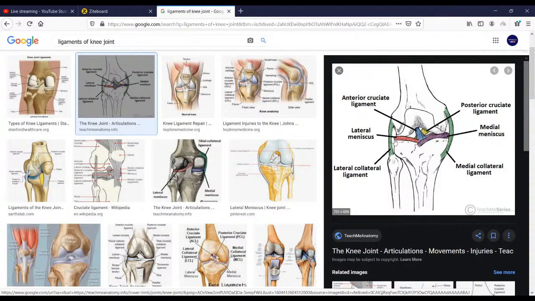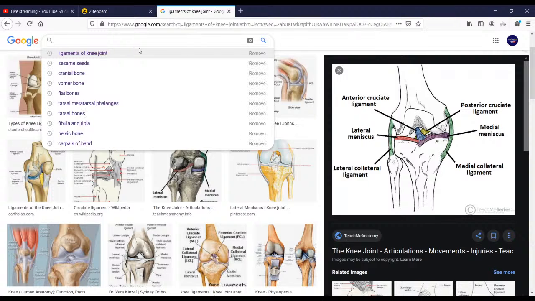So lateral collateral ligament is towards the away side of the knee, the side of the knee facing the outside of the body. Medial is facing the other knee. Lateral means away from the body. I'll show you the meaning of lateral and medial.